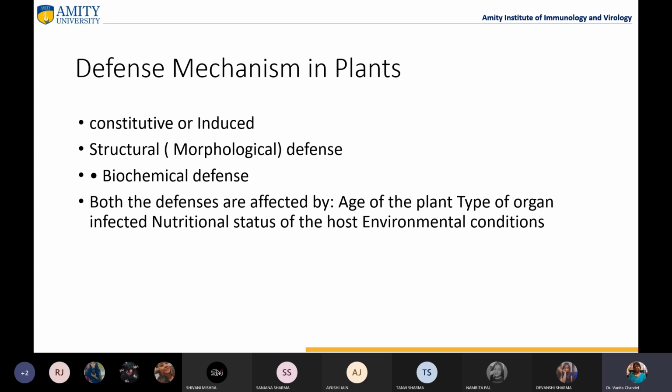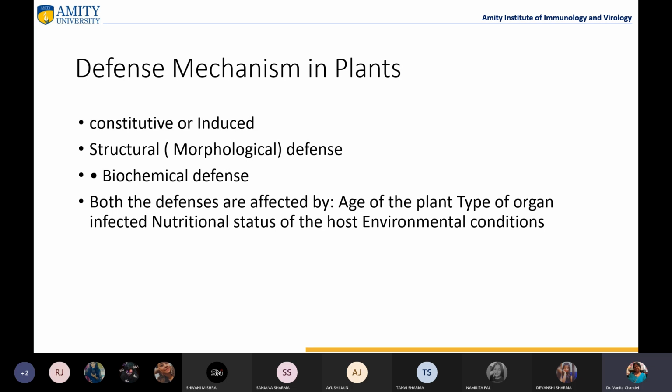So we discussed the pathogen factors, what exactly they are doing, and what kind of enzymes they release in order to gain entry into the host plants. Now the second part is the pathogen-host part. What is the host doing to prevent or reduce the infection, or to avoid the pathogen, even if it has entered the host plant?